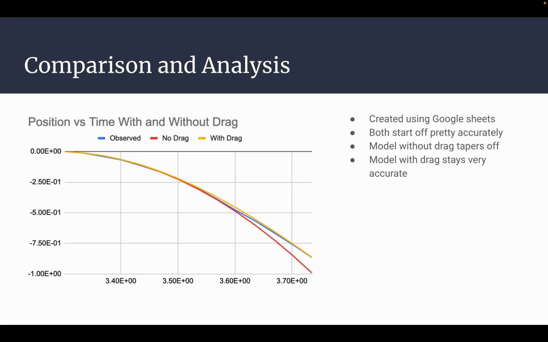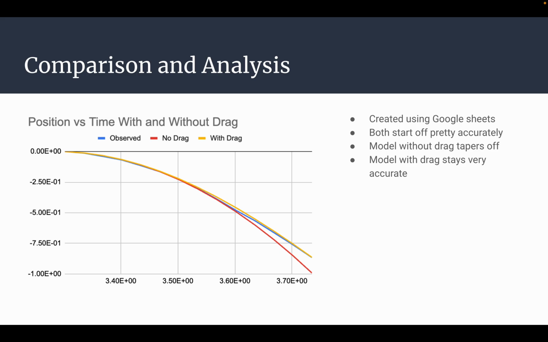So this is the final graph that I created using Google Sheets, which shows the observed experiment in blue, the simulation without drag in red, and the simulation with drag in yellow.